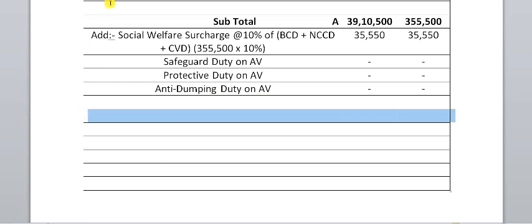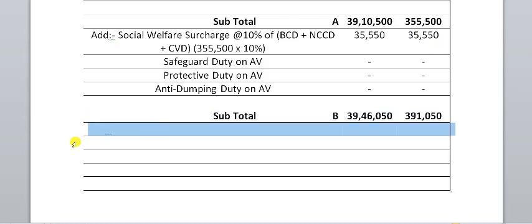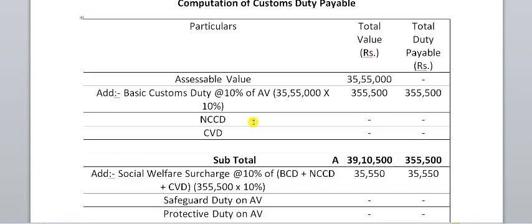So let it be as it is. Subtotal B, 39,10,500 plus 35,550, 39 lakh 46,050 you will get. 3,55,500 plus 35,550, 3 lakh 91,050. Next, add the IGST to this at 12%.